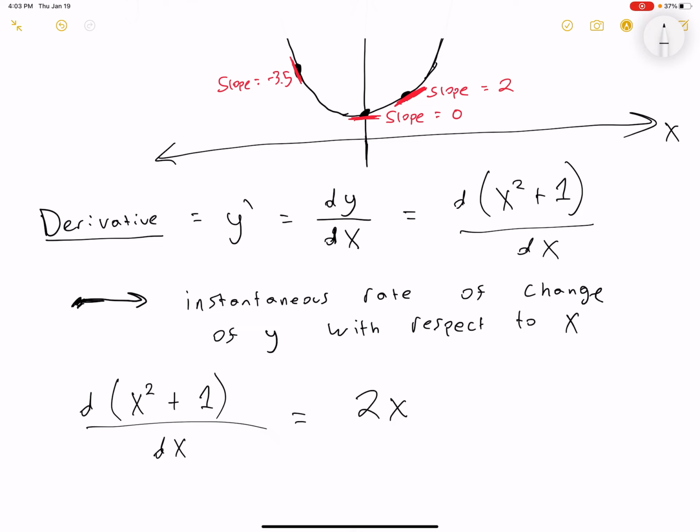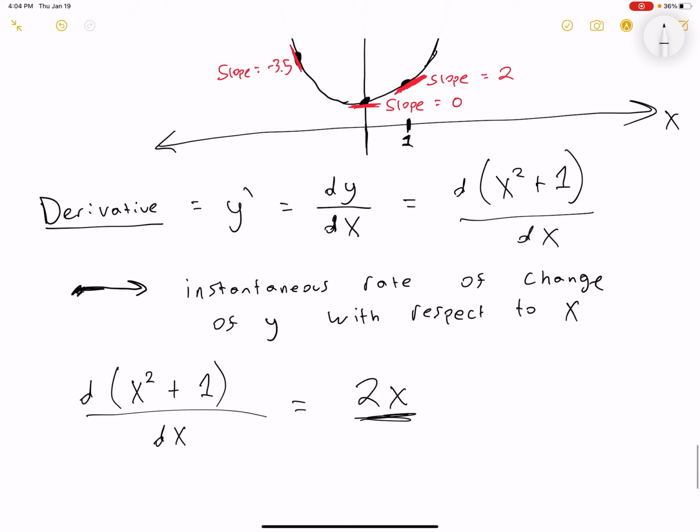At x equals 1, oh, this is x equals 1, by the way, the slope of that tangent line is 2 times 1, so 2, etc. So this derivative gives us an equation for the slope of the tangent line of the formula that we're taking the derivative of.